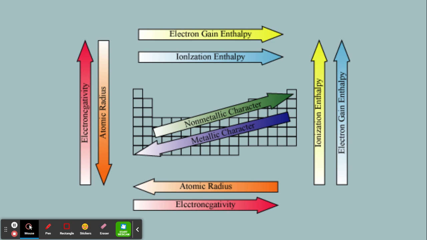Atomic radius refers to the distance from the nucleus of an atom to the outermost electron. Ionization energy, or first ionization energy, as we will explore, refers to the amount of energy to remove the outermost electron from an atom's valence shell.